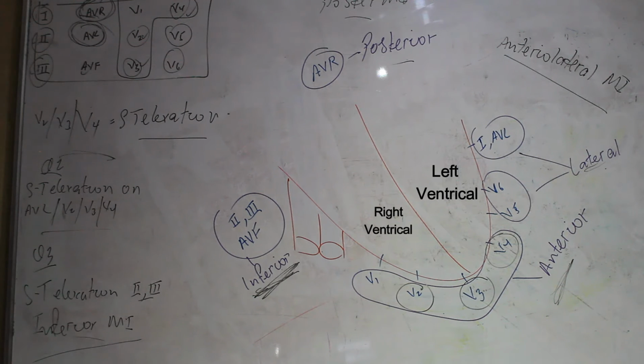So break this question down. Lead 2 and lead 3 look at the inferior aspect of your heart. Leads V2, V3, V4 look at the anterior aspect of your heart. So you have an inferior anterior MI, or anterior inferior MI. Okay, so anterior inferior MI.